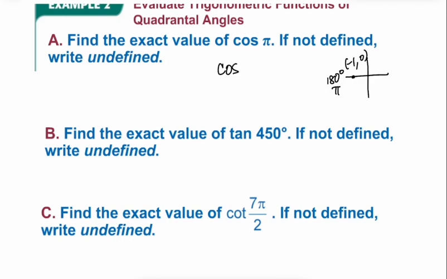Remember, our cosine is the x value. So the cosine of 180, or pi, is just the x value at the location. The answer is -1. That's how easy and important and wonderful the unit circle is. If they ask for the cosine, it's just the x value at that location.